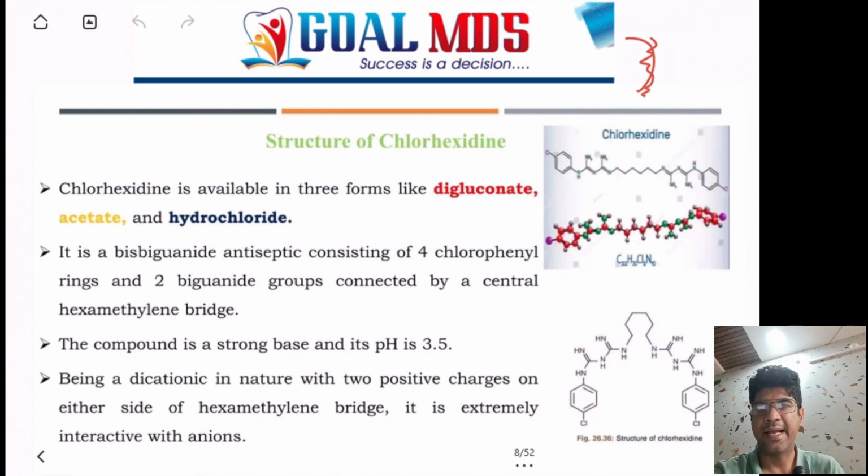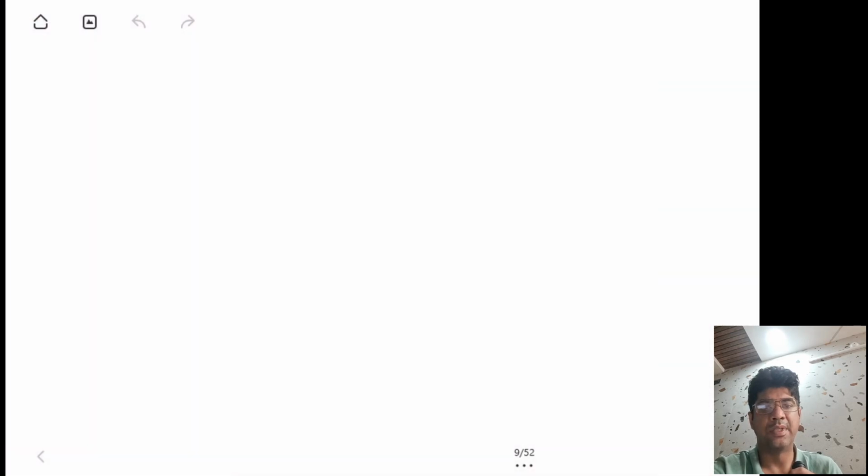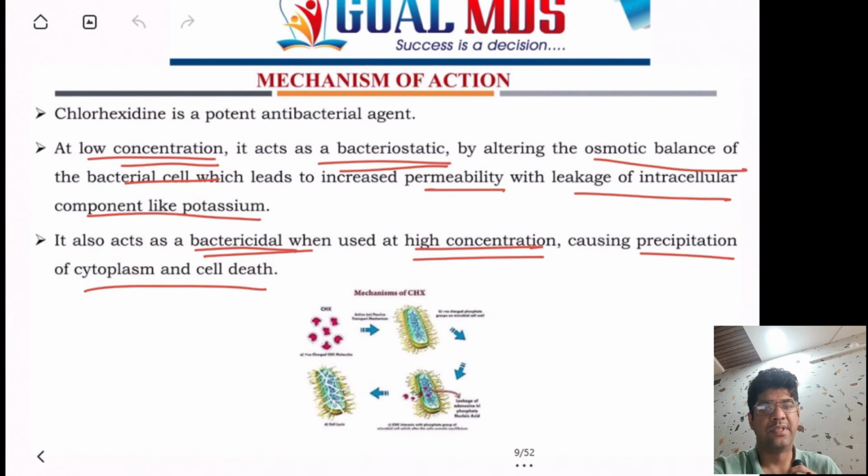So how does it act? It disrupts the outer cell membrane of the bacteria and binds to the bacterial cell surface, causing the leakage of intracellular components and hence leading to cell death. So this action will prevent the growth as well as the multiplication of the bacteria that contribute to plaque formation.